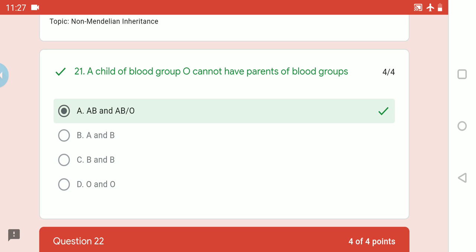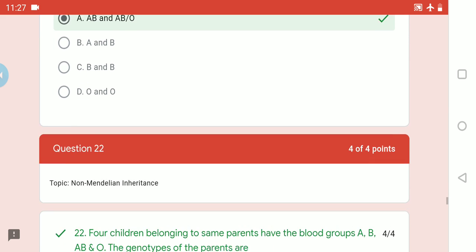If AB crosses with O also, the immediate next generation will be heterozygous A and heterozygous B. But there will be no possibility of the O blood group. So a child of the blood group O cannot have parents of the blood group AB. The option A is the right answer. Did you get it? Yes.